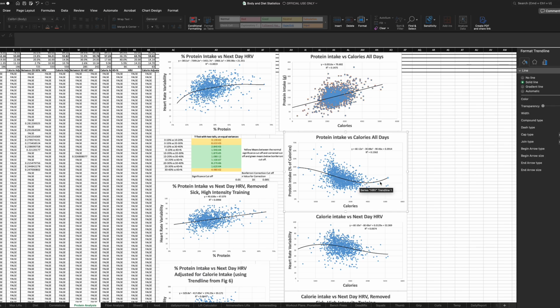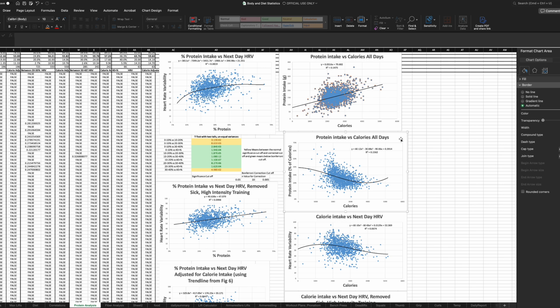The average line, the black line, is an average of the data. Obviously, I have days where I'm much less than 20%, but most of the time, or on average, it's 20% or more. And there is a negative correlation. So I do eat a higher percentage of protein when I'm eating less calories.